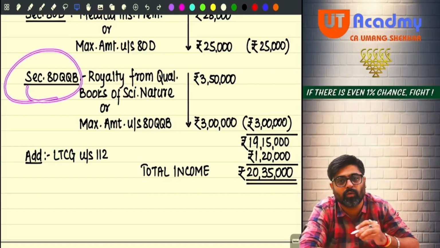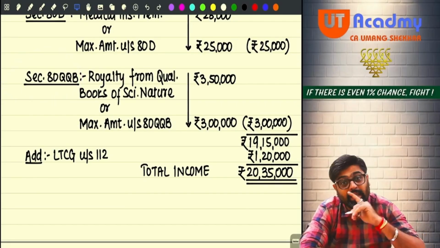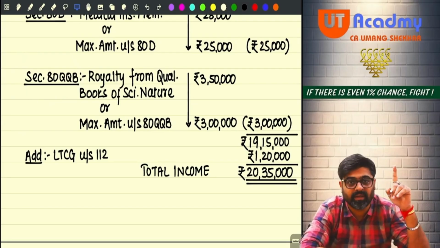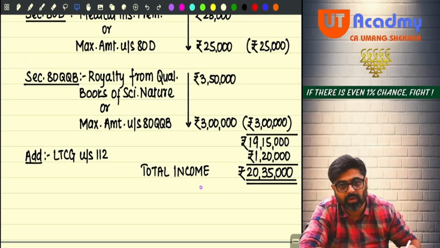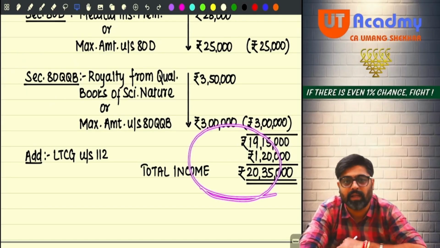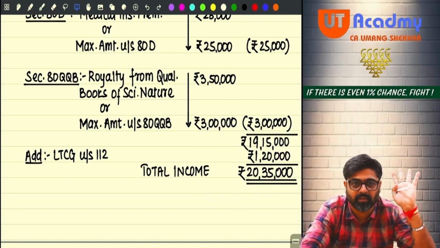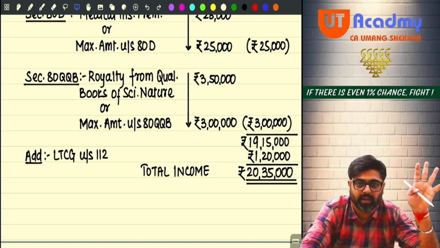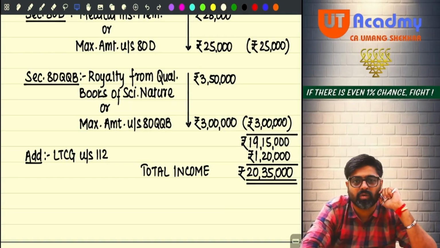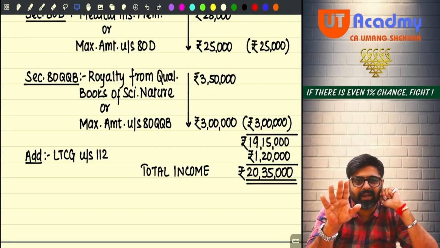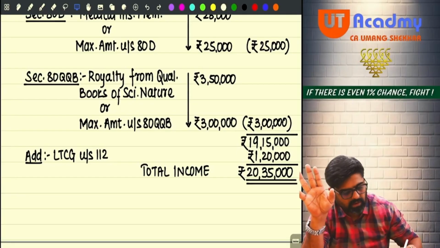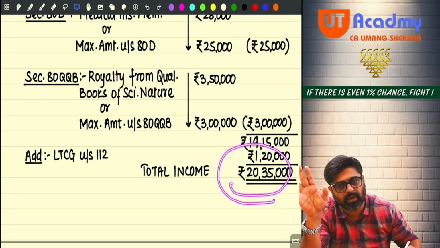Yes, you have taken 80QQB. And even after taking these heavy deductions, your total income is more than 20 lakhs. So now the AMT provisions will also be checked. But for that AMT, you will have to first adjust this total income. But wait, that adjustment we will do later on. First of all, this is your normal, regular total income.